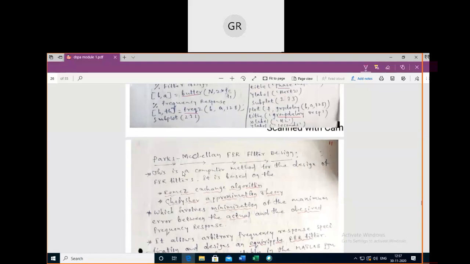One more is the Parks-McLellan FIR filter design. This is a computer method for design of FIR filters.